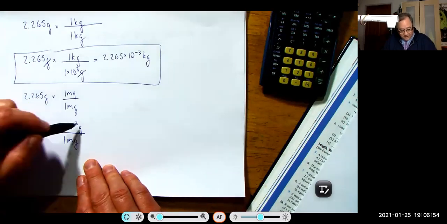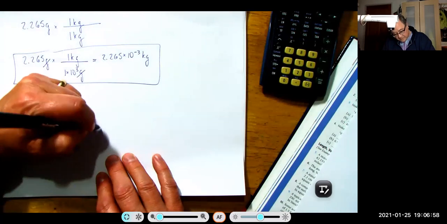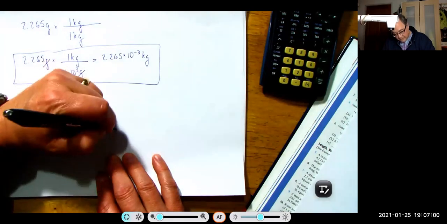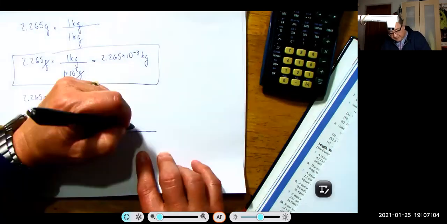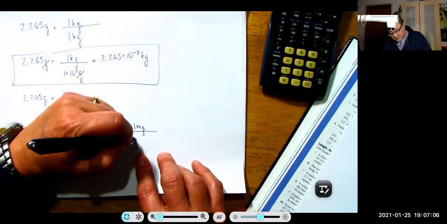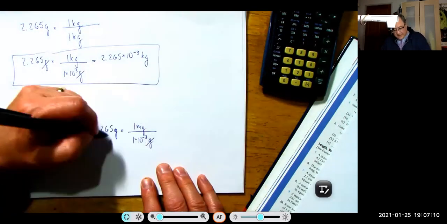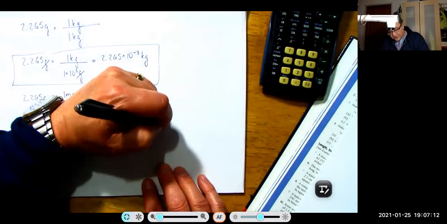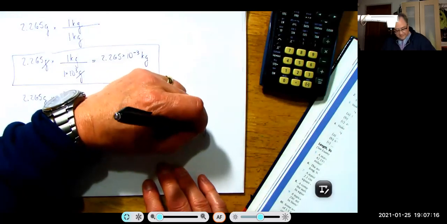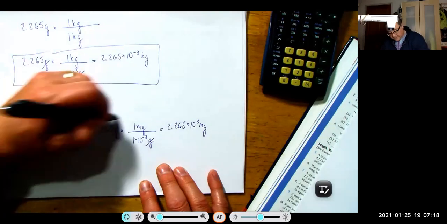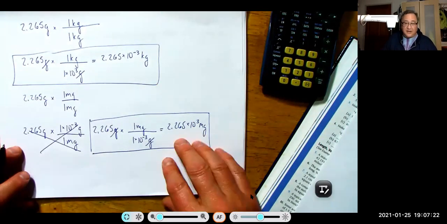So I went down the wrong road. So this time I'm going to put my 1 milligram on top and my 1 times 10 to the minus 3 grams on the bottom. And I get 2.265 times 10 to the third milligrams. So there's a wonderful solution for converting to milligrams.